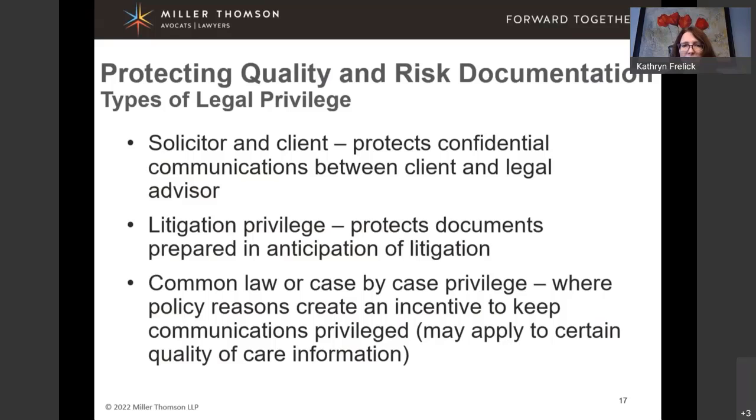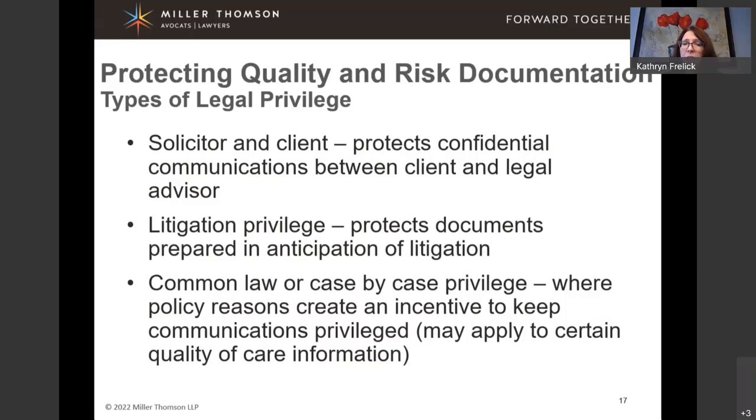This is one of the strongest types of privilege because it's much easier to establish that privilege is in place.